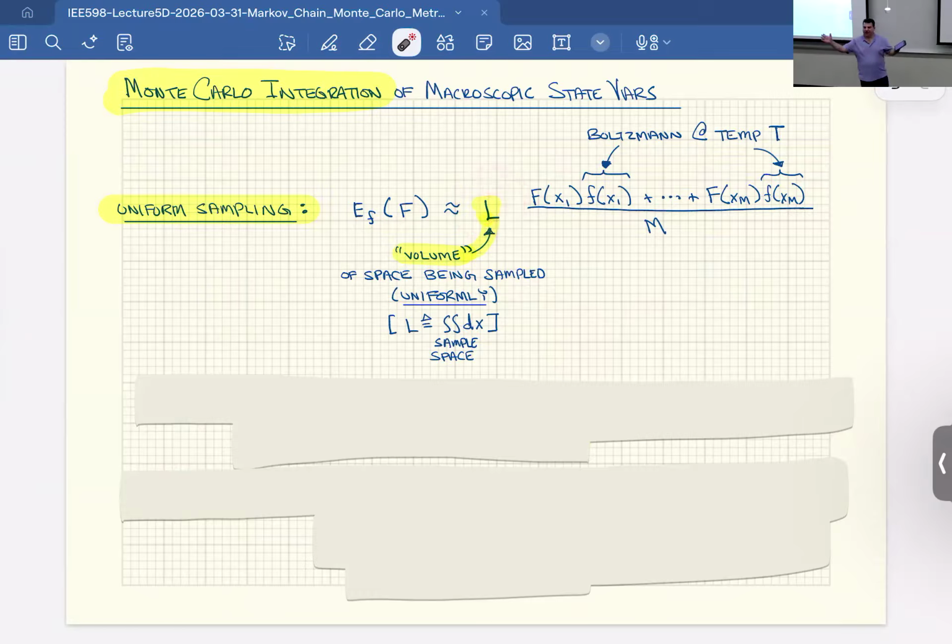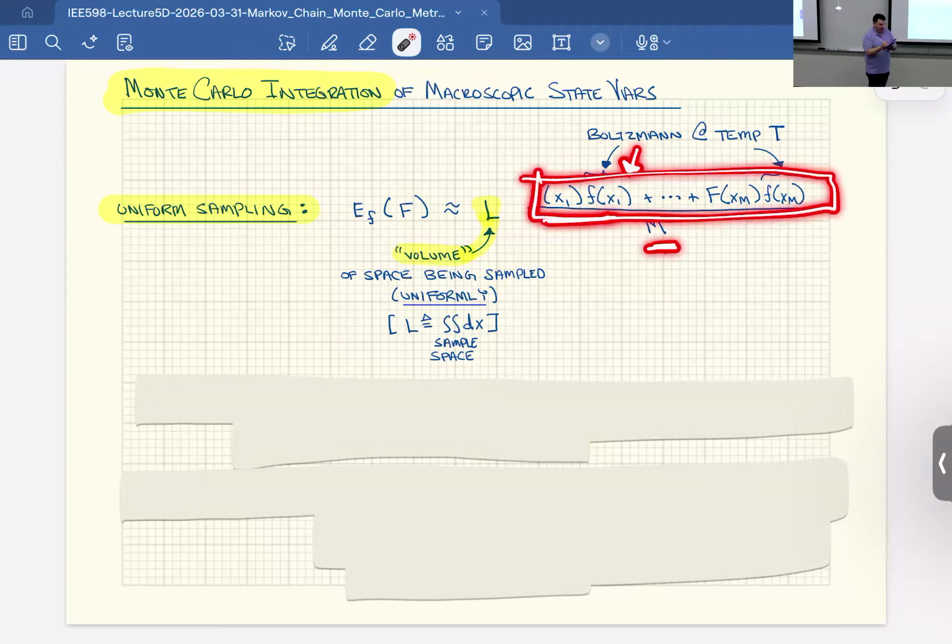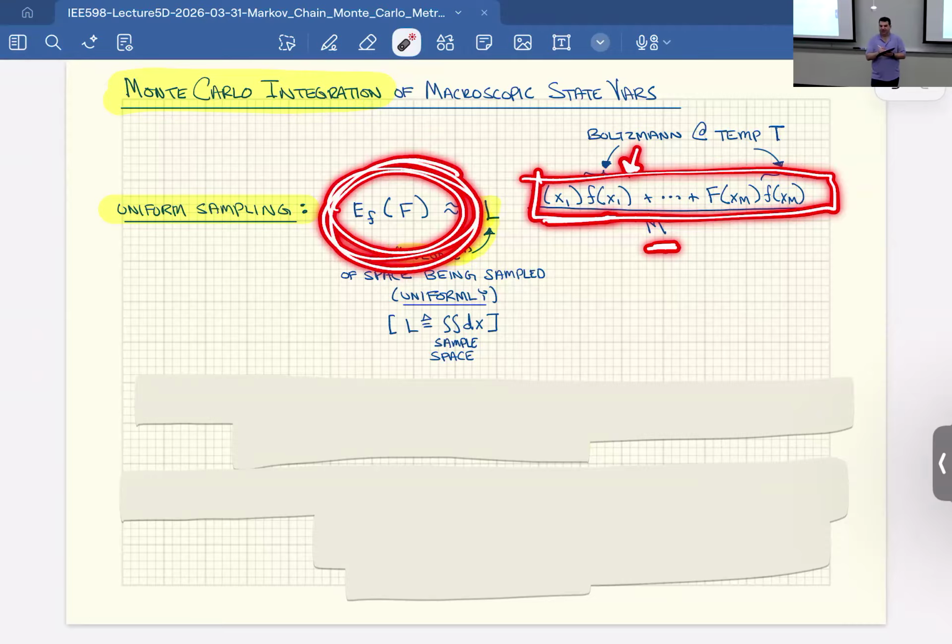It's 3D, this would be a 3D volume, and it could be more dimensions than that because you might be sampling not only from position but also momentum. You sample from the space and then you calculate your instantaneous macroscopic variable, and you also calculate the Boltzmann distribution's probability density here. You take that product and you take the average of those products divided by n, and that will give you an estimate of the macroscopic state variable that you want.